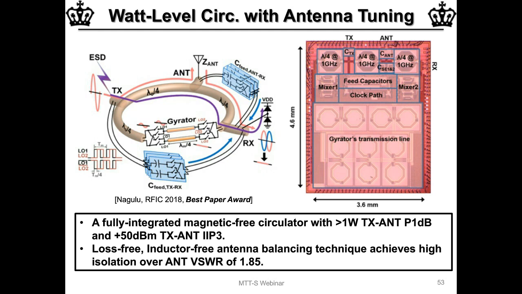But we added these tuning capacitors that essentially create a feed-forward current that cancels the reflected signal at the antenna, so it allows you to maintain isolation even if the antenna impedance changes. This essentially means that this is a circulator and an antenna tuner all rolled into one. And we're able to tune for as high as almost a VSWR of approximately 2 with this tuning circuitry built in.